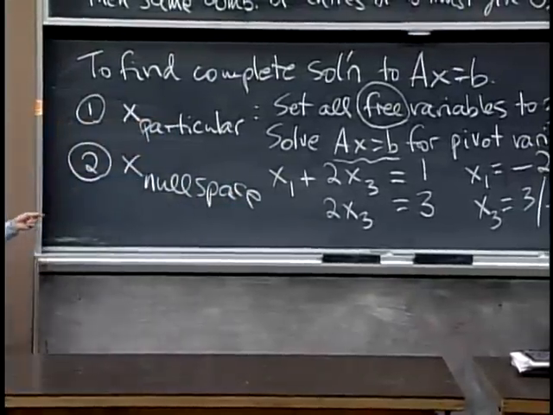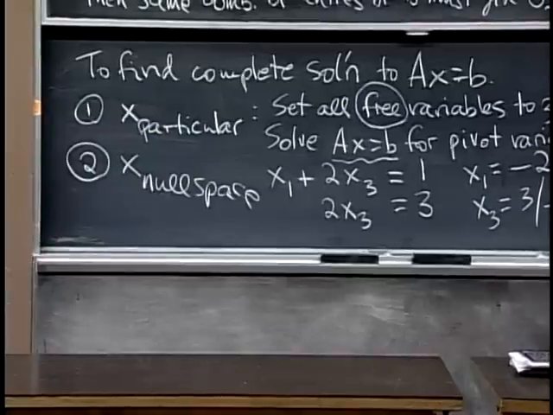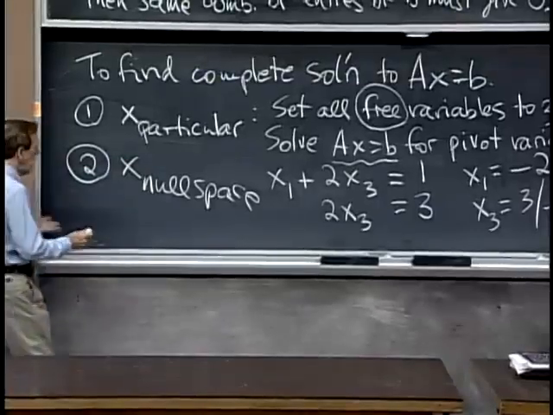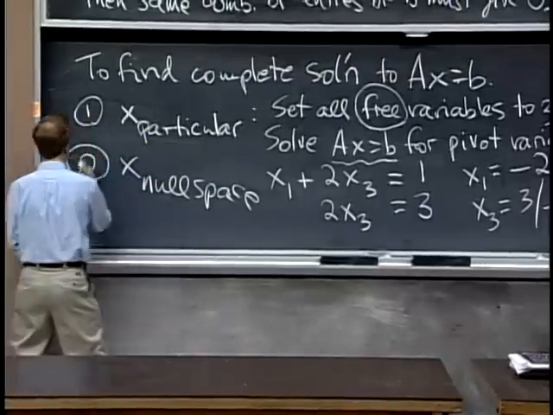We know how to find the vectors in the null space because we did it last time, but I'll remind you what we got. And then I'll add.